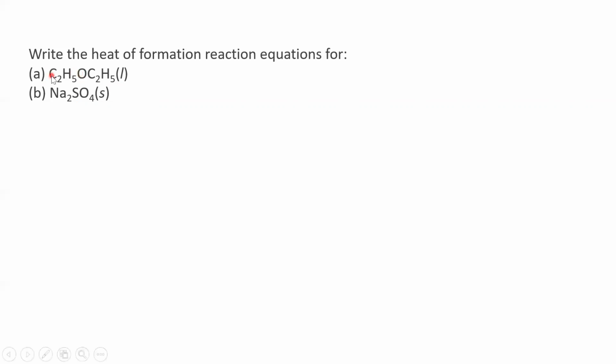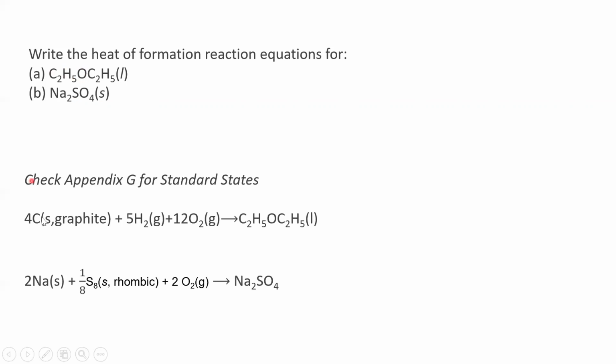Carbon is a solid, hydrogen is a gas and it's diatomic, and oxygen is a gas and it's diatomic. So when we go to write down the heat of formation equation, we would have carbon plus hydrogen gas plus oxygen gas forms this compound.